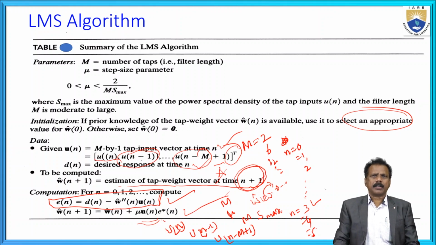That means what type of parameters are being used. The parameters are based on m and mu. The number of taps is increasing or decreasing.